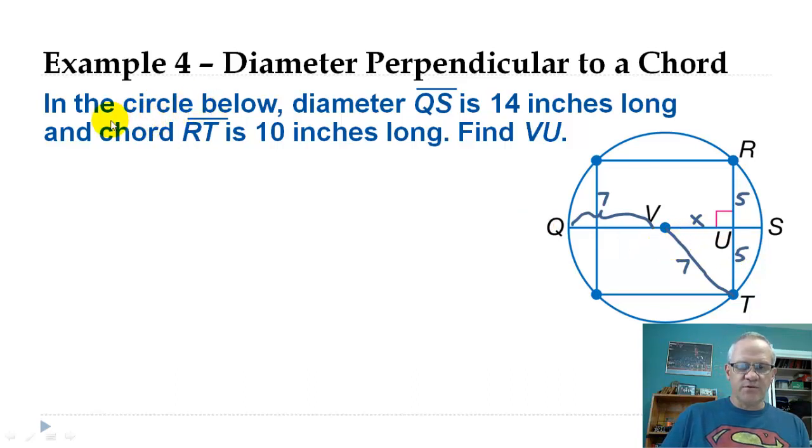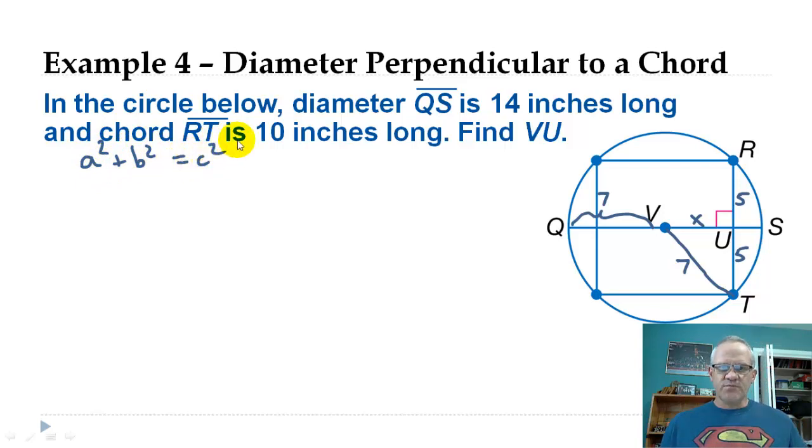Remember the Pythagorean theorem? a squared plus b squared equals c squared. You just have to remember which one is c, and if you remember, the 90-degree angle here is at U. Straight across from that, that is the c. So 7 is your c, so that means x and 5 are a and b. x squared plus 5 squared equals 7 squared.